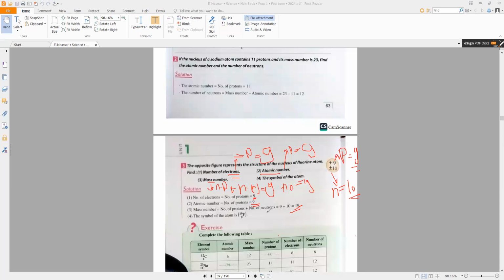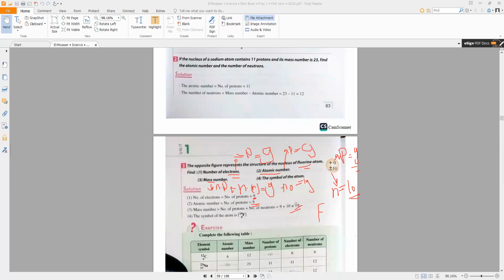The symbol of the atom. The symbol of the fluorine atom, you must know it. Fluorine is F, and its symbol consists of one letter, so this letter is written in capital. You must write the atomic number and the mass number.